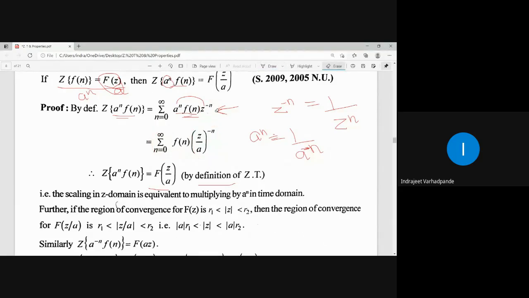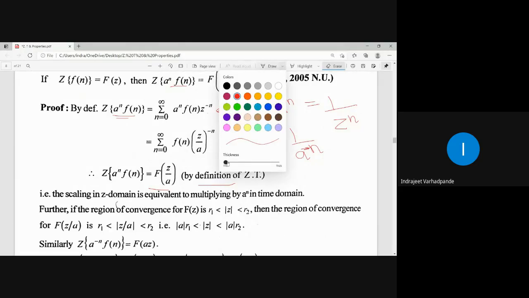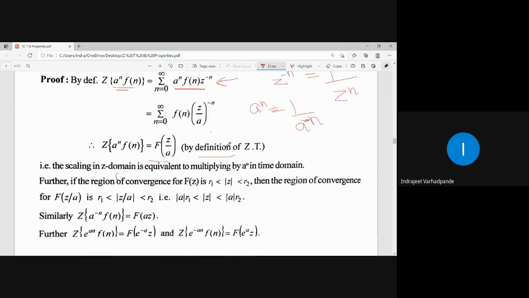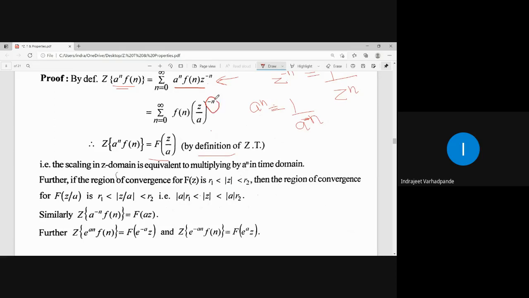So whenever we have the damping rule, or whenever we have the term which is multiplied by a to the power n, so a to the power n into f of n into z to the power minus n, to satisfy the definition of z transform, kindly multiply the term which is having a negative index.